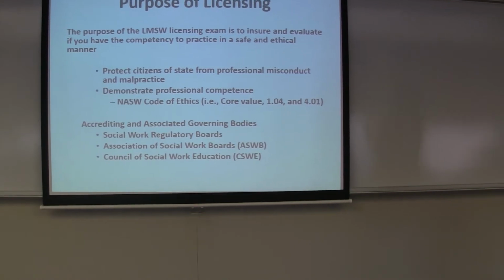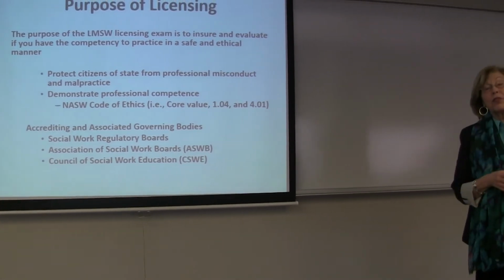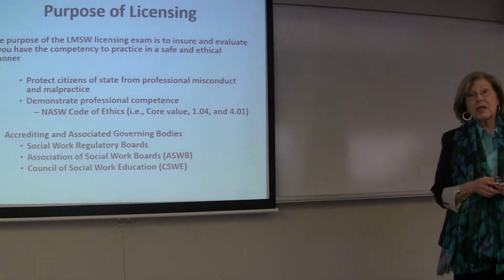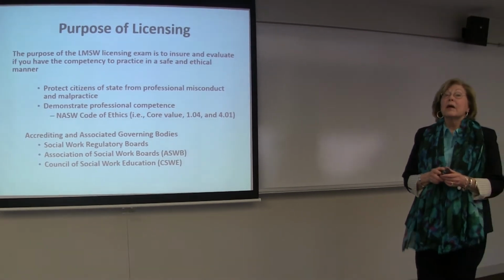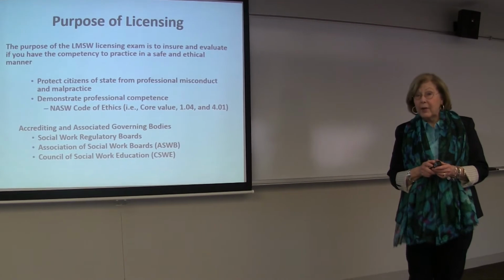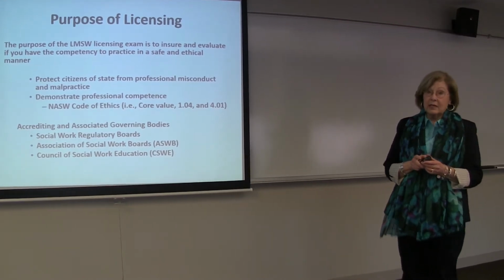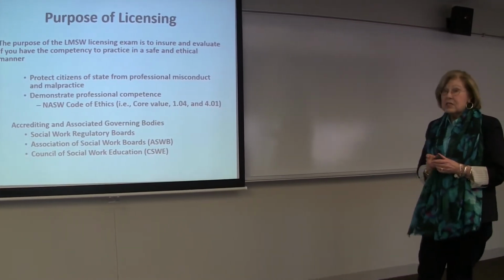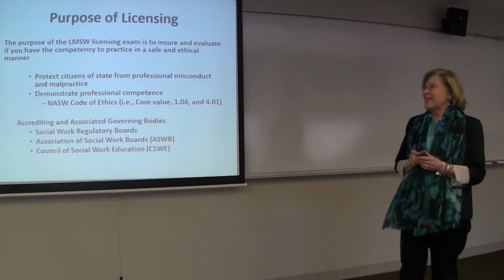It protects the clients because you have achieved, through becoming licensed, a basic level of competency. And also it addresses issues of malpractice and misconduct. Having a license and a licensing board addresses all of that.